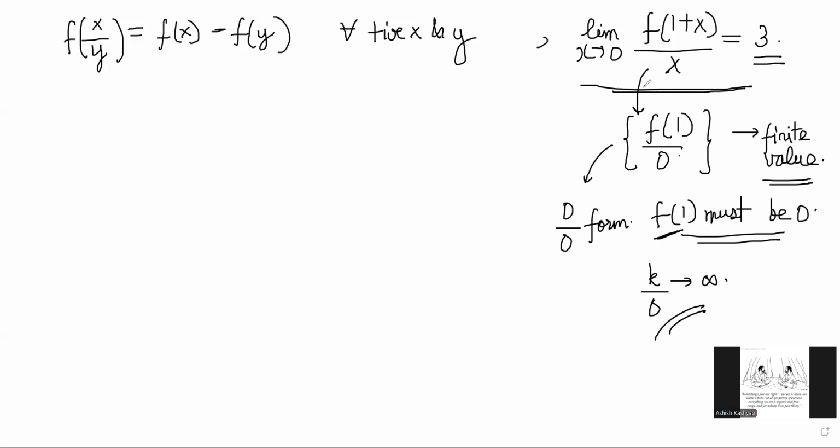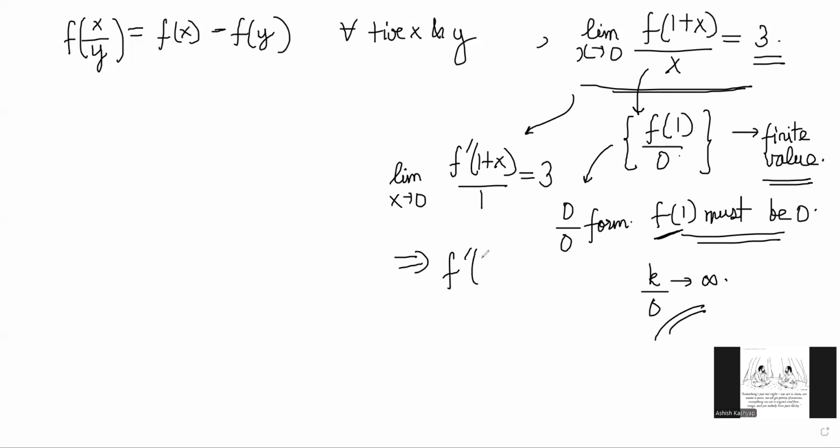And only if it becomes 0 by 0 form can we find a finite limit. Also, now that we know f of 1 must be 0, we can do L'Hopital's rule here, and say f dash 1 plus x limit x tends to 0 must be equal to 3. And from here, putting 0 here, we get f dash 1 is equal to 3.